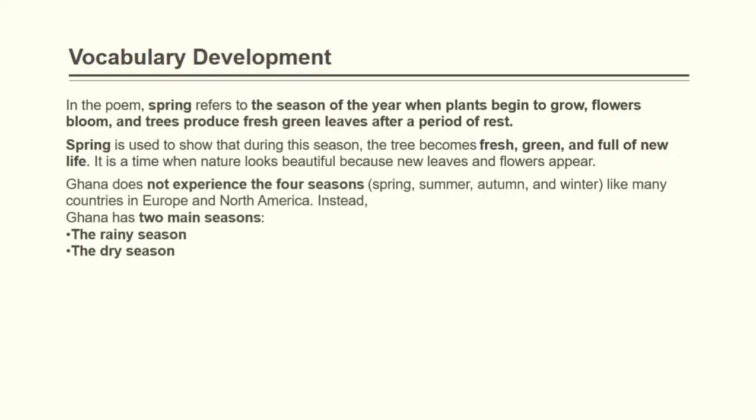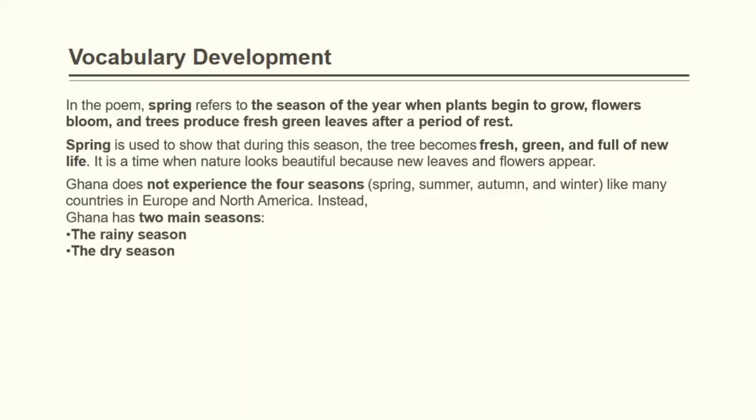Mind you, Ghana does not experience the 4 seasons, one of which has been described above, which is spring, summer, autumn, and winter, like many countries in Europe and North America. Instead, Ghana has 2 main seasons, which is the rainy season and the dry season.